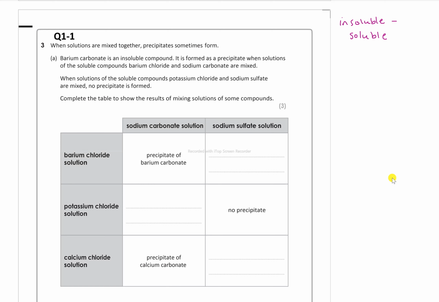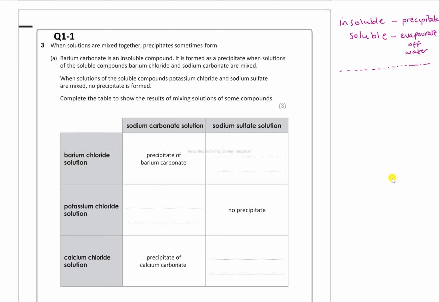Yeah, they will leave a precipitate, and there you'll have to, what do you call it, evaporate off some water till it reaches the point of crystallization.